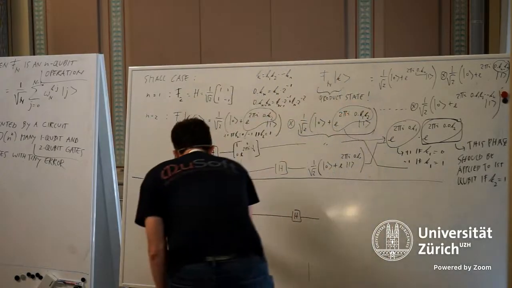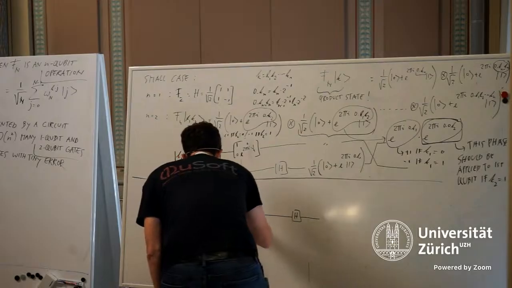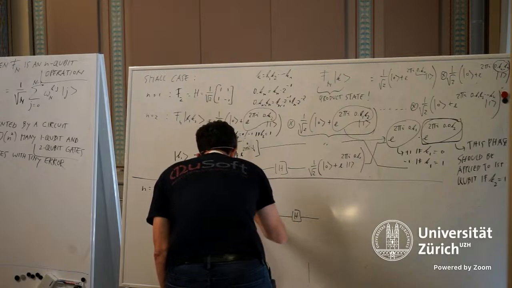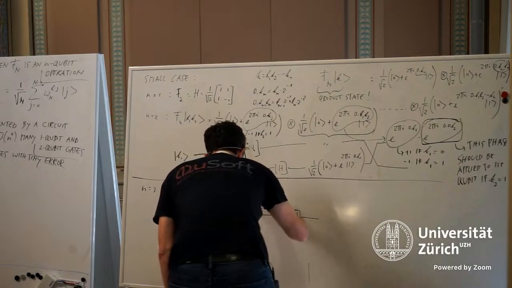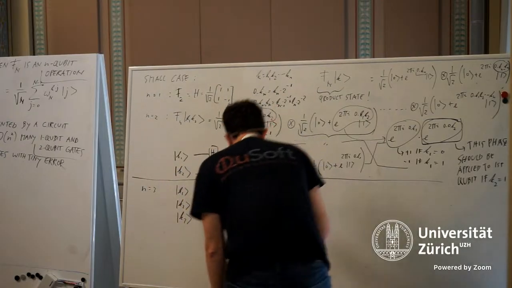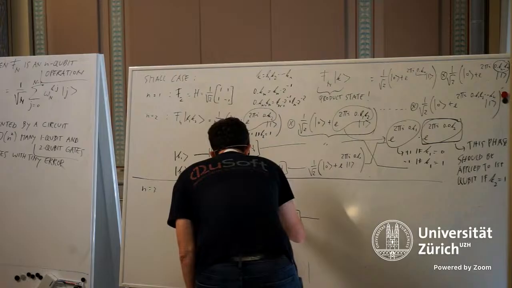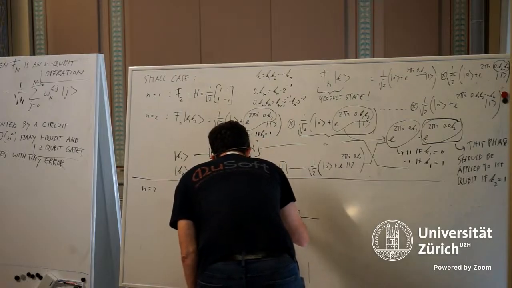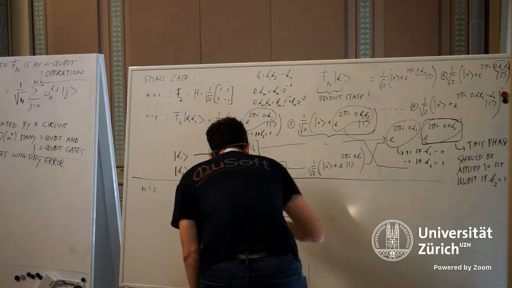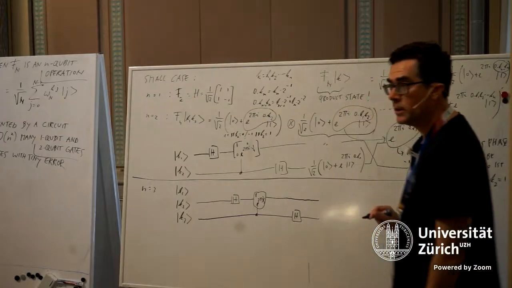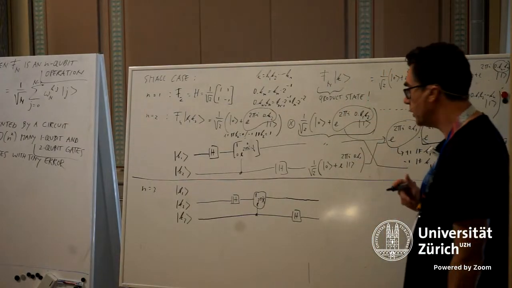So we're going to do a Hadamard gate and a controlled phase gate controlled by K3. And this is again going to be 1, e to the 2 pi i over 4. So this gets 2 of the 3 qubits of the product state correct.